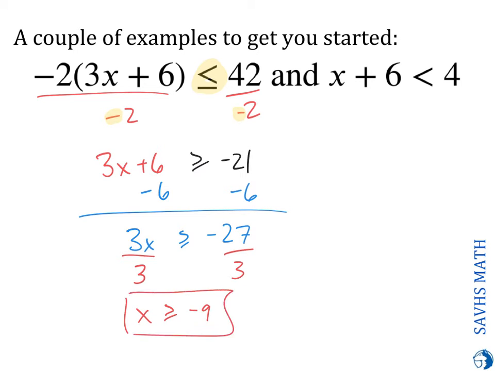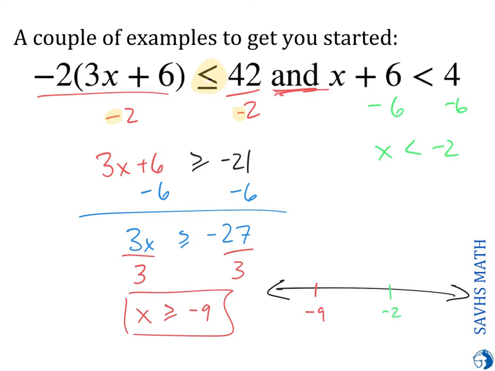Okay, so that's one part. There's still this "and" here, so I have to do that. So I'm going to subtract 6 from both sides. It says x is less than -2. Okay, so I'm going to sketch now. Here's my perfect number line. Here is where -9 is, and here is where -2 is.